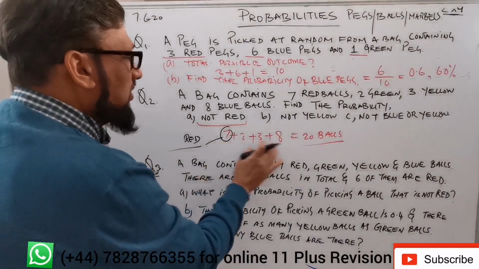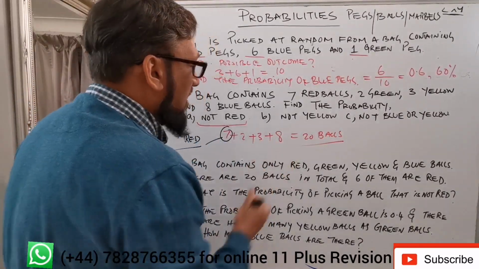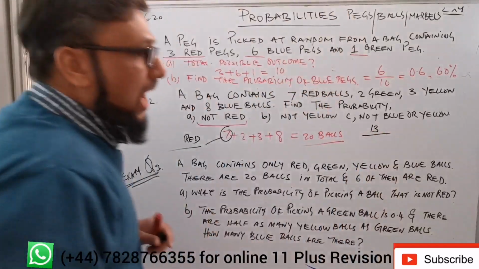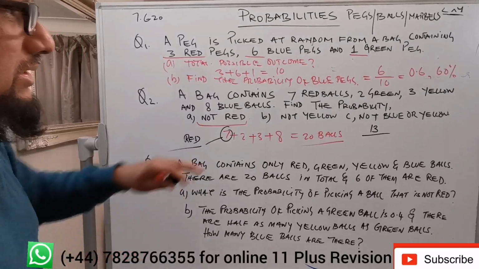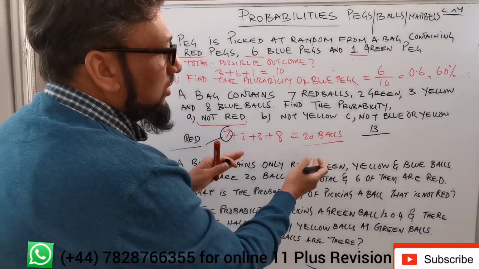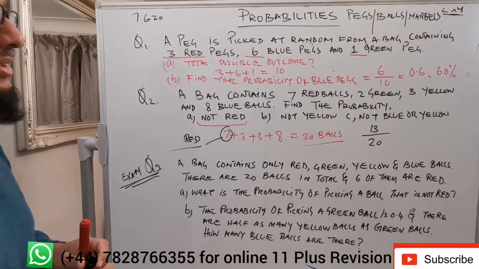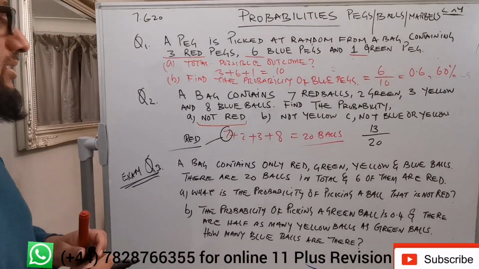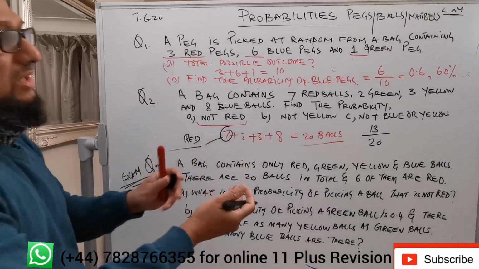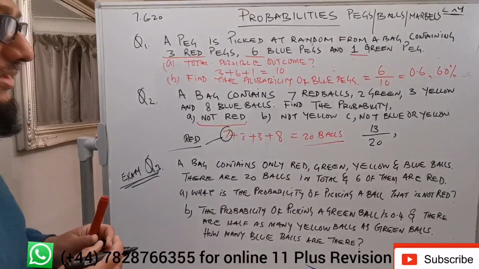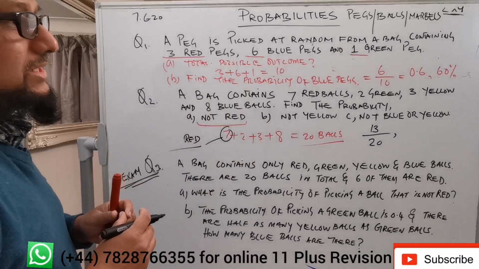So the remaining, the outcomes you want, are 13, and the total number of possible outcomes is 20. So the answer has to be in fraction, or maybe in decimal.